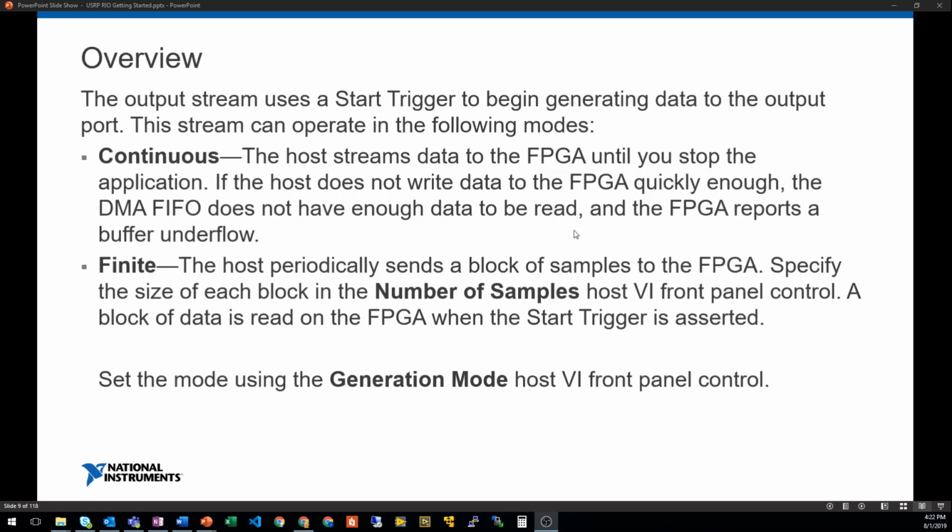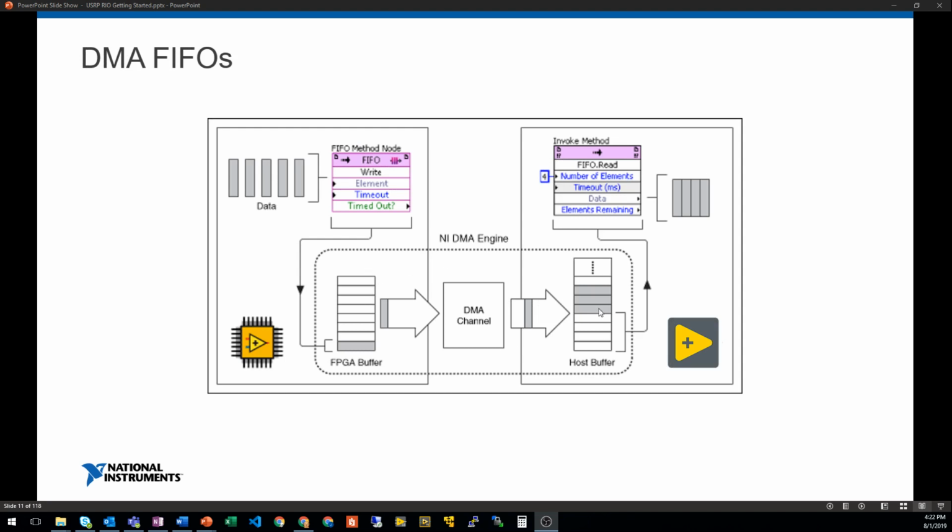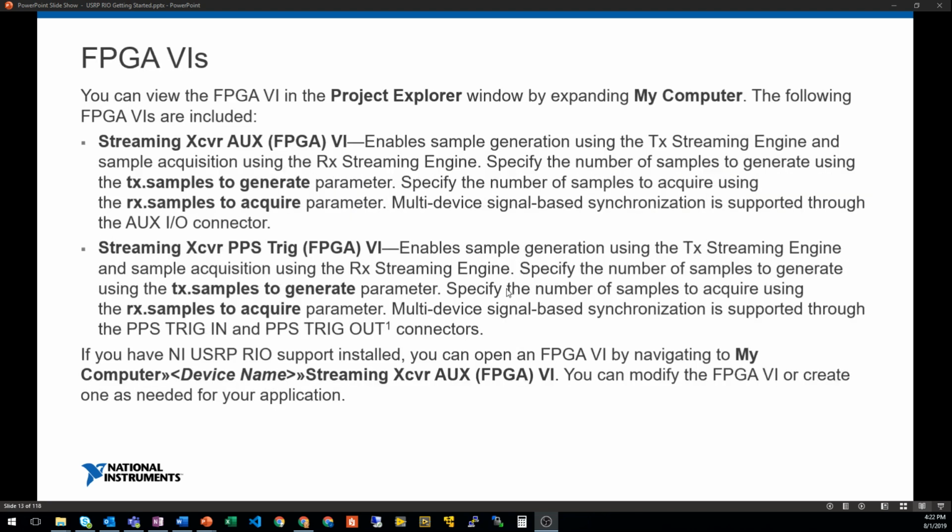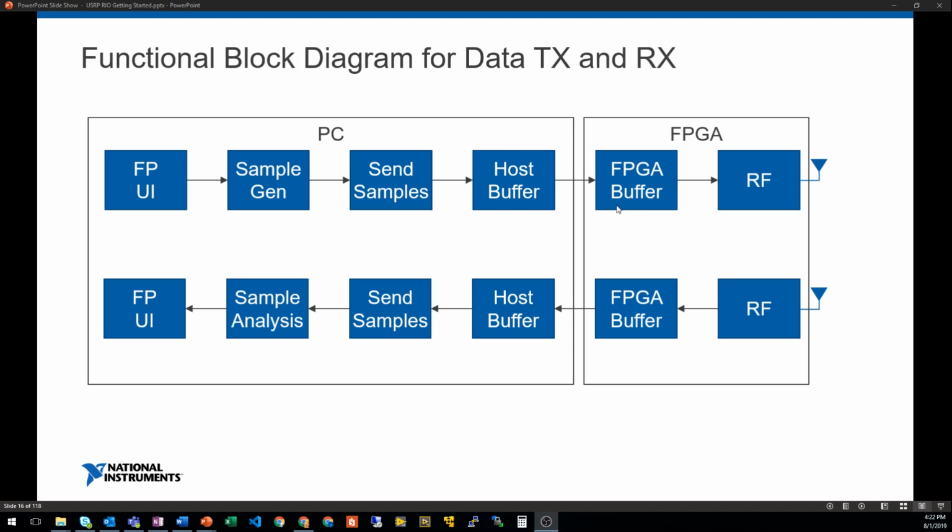Same thing: host buffer, FPGA buffer, and then we hit the RF. The RF does its thing, and if we're receiving some samples, the RF will get some samples, and you follow the exact same path back, except you don't have to generate samples, you just read them or analyze them. Same idea. So let's look at what that looks like in the code.